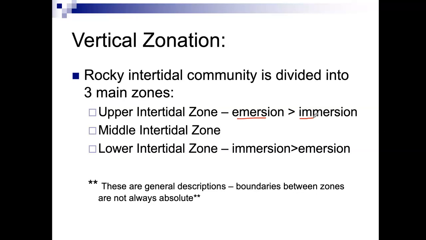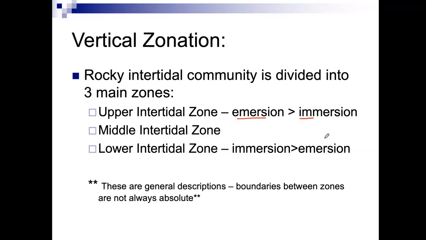Now, when you have something like neap tides, where you have a really big tidal fluctuation, you're going to have times where the upper mid intertidal zone will have more emersion time than immersion time, and your lower mid intertidal zone will have more immersion time than emersion time when you have these big tidal fluctuations, okay?